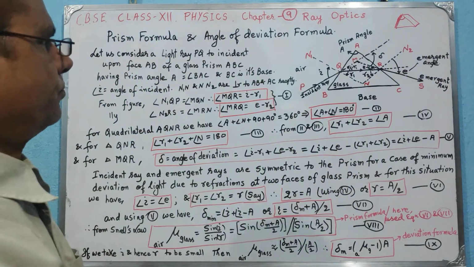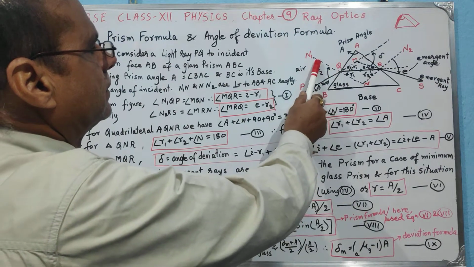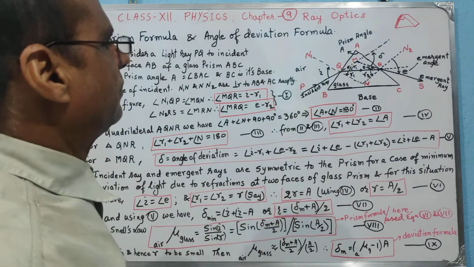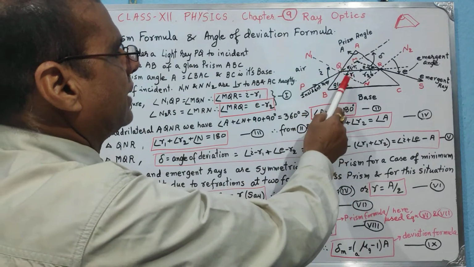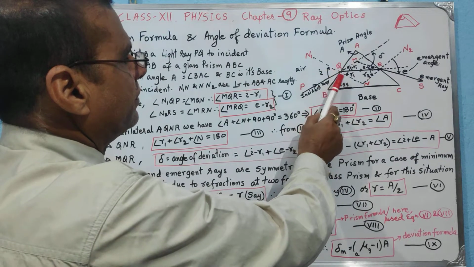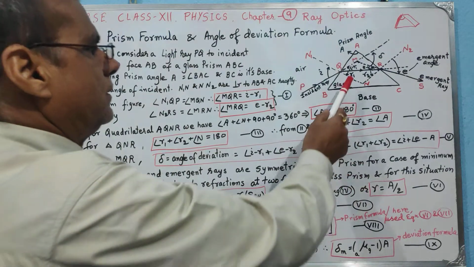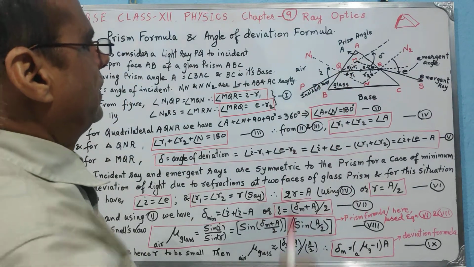The angle of incidence for the incident ray is taken as I, that is N1QP is the angle of incidence, and the corresponding angle of refraction for refraction at the first face AB of the glass prism is taken to be R1.